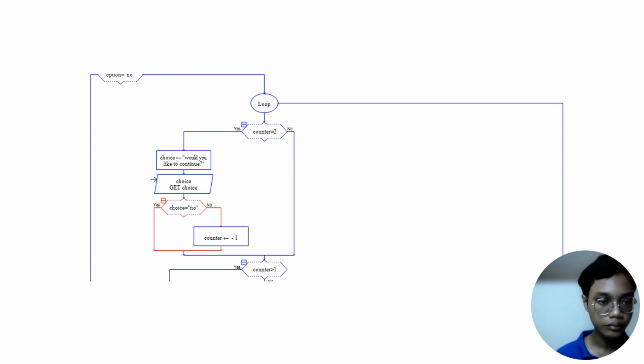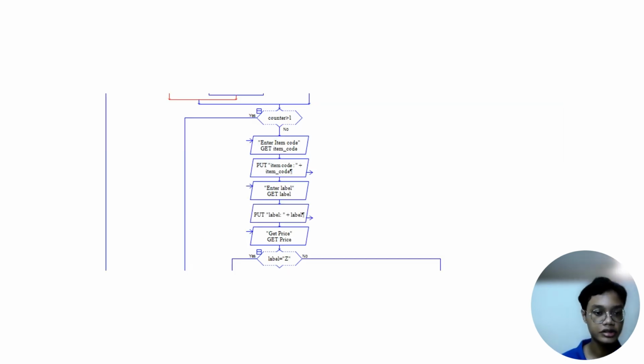Once you enter the loop, you will be given a selection. If the counter equals, you will have to go through this process. However, since the counter is 1, is already set to one and hasn't gone through some changes, we'll go to the no section and will immediately go into the calculation.